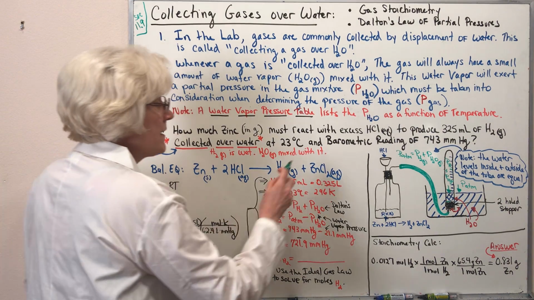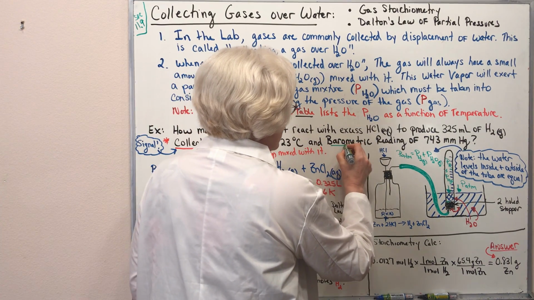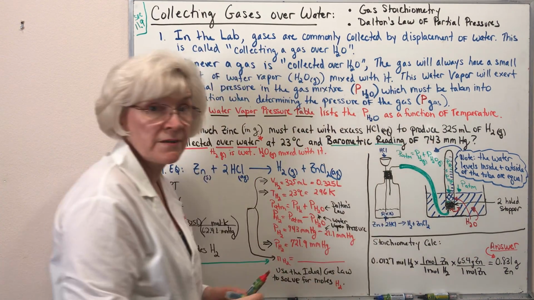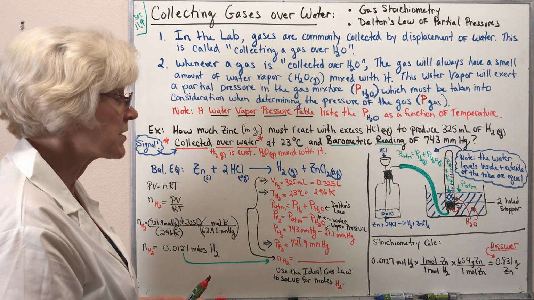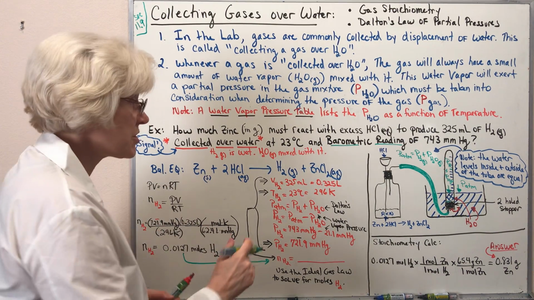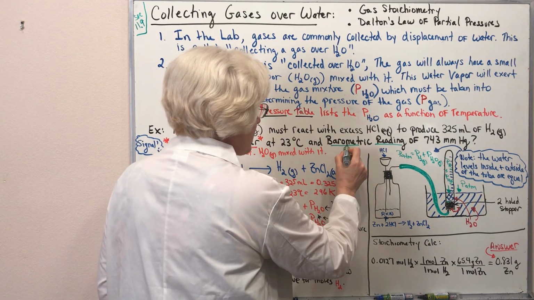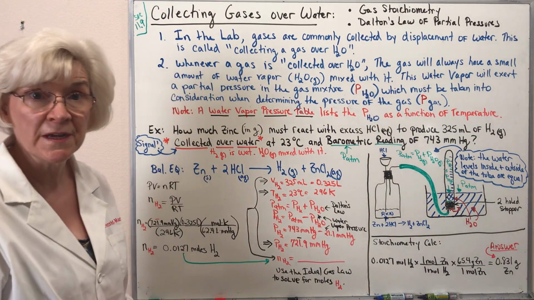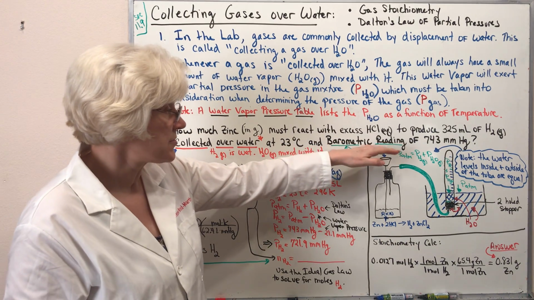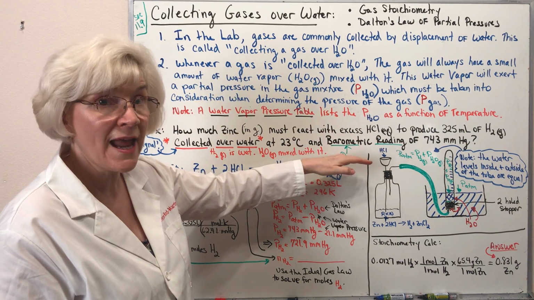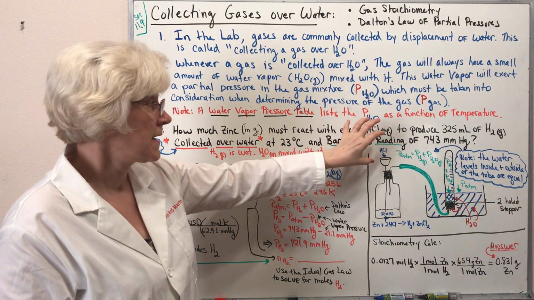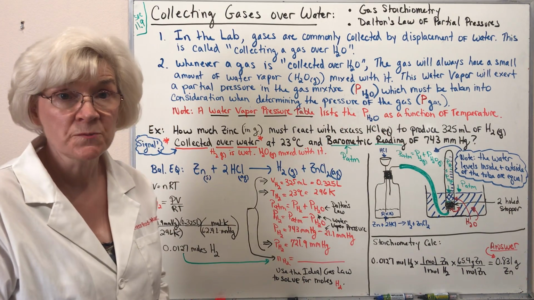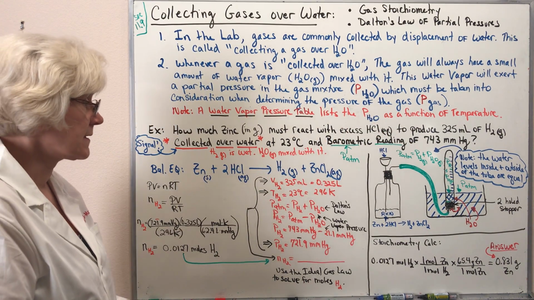When you see the barometric reading of 743 millimeters of mercury, a barometer, as you would recall, is a device that measures the pressure of the atmosphere. So this barometric reading is letting you know what atmospheric pressure is when the hydrogen gas was being produced and collected.